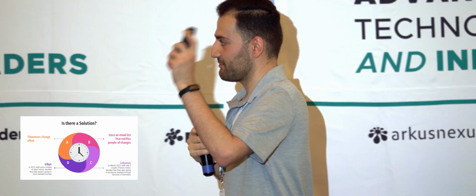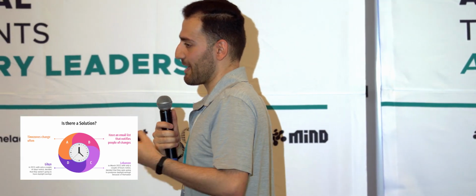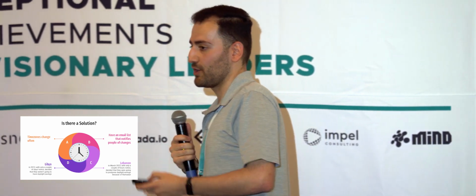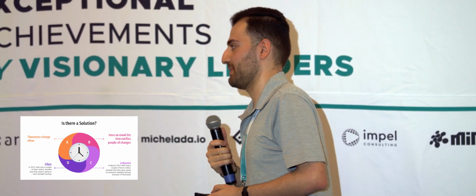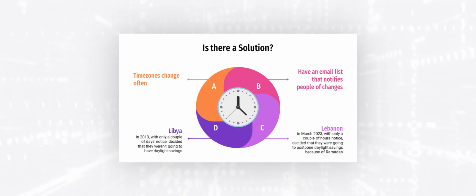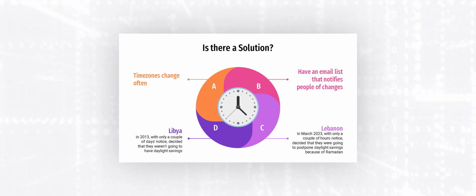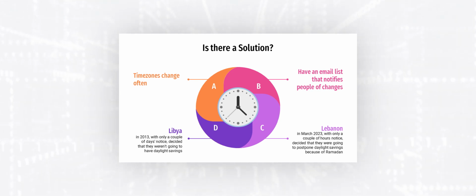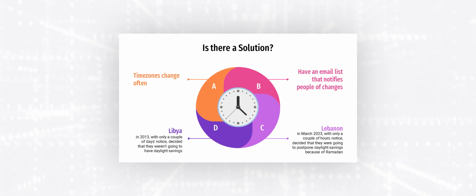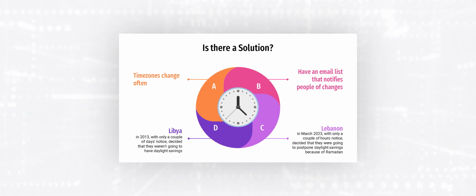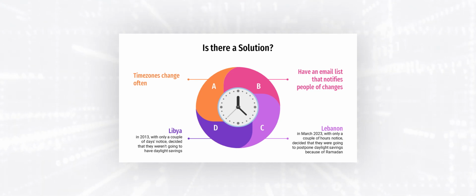It's complicated, but you can see things happen with very short notice. Same thing happened with Libya. But Libya gave us at least a couple of days notice, and they decided that they weren't going to observe daylight savings when they were supposed to. And that caused chaos as well.